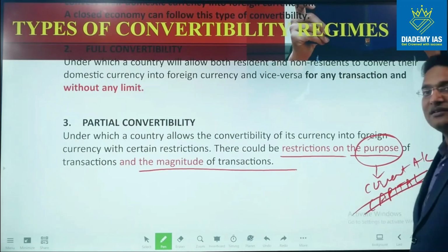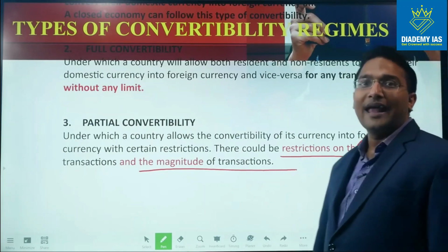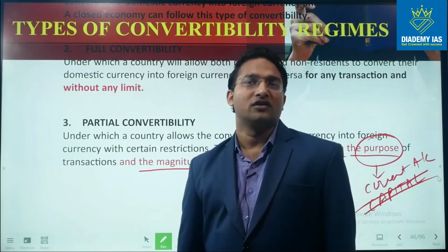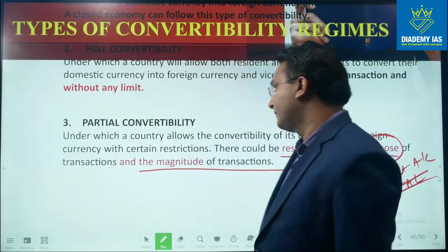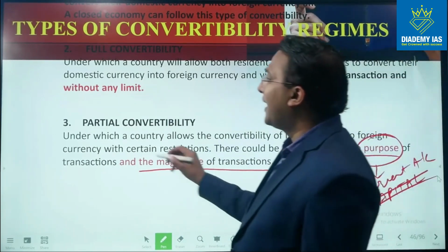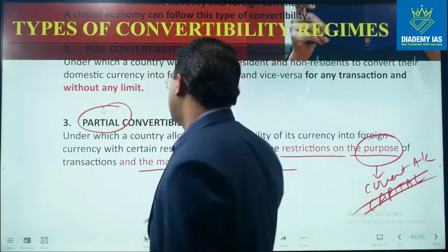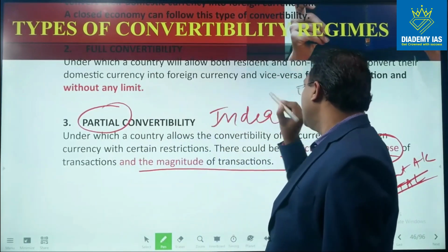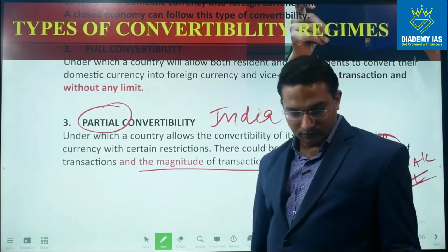So in India we have a partial convertible regime.